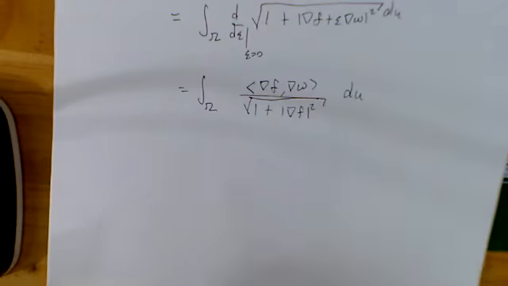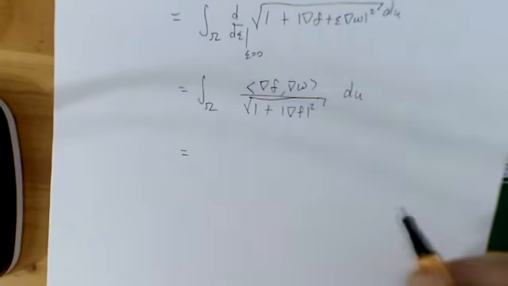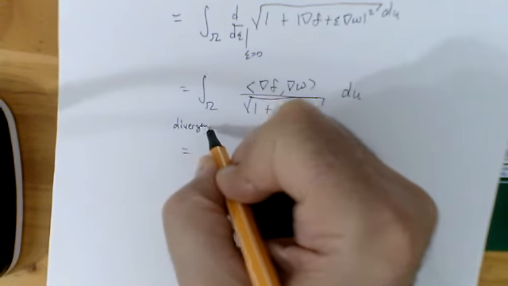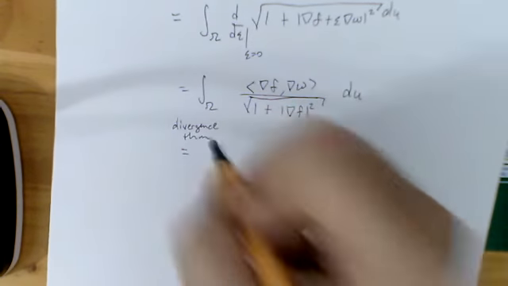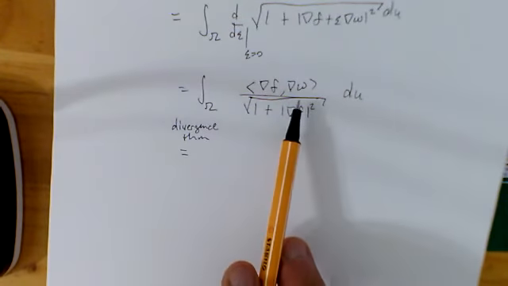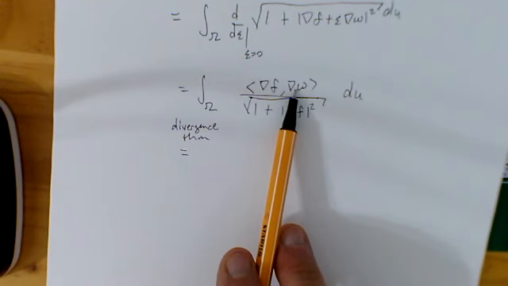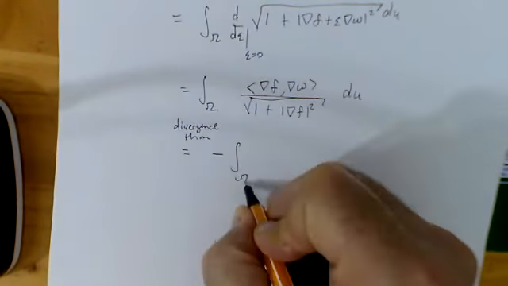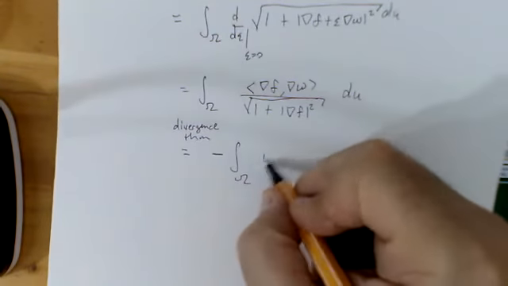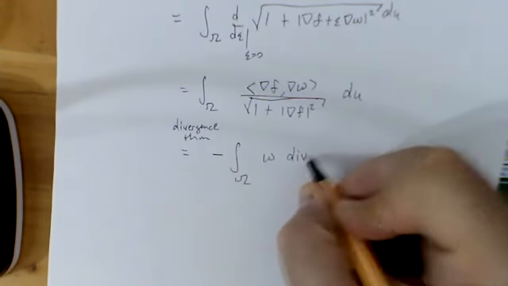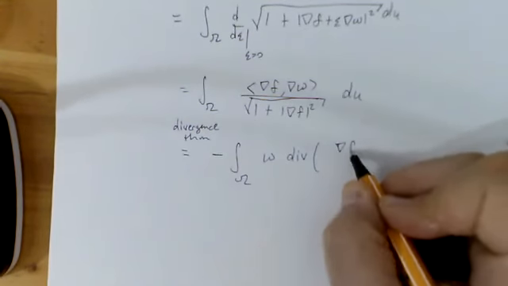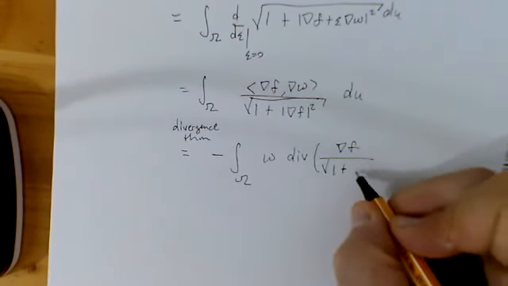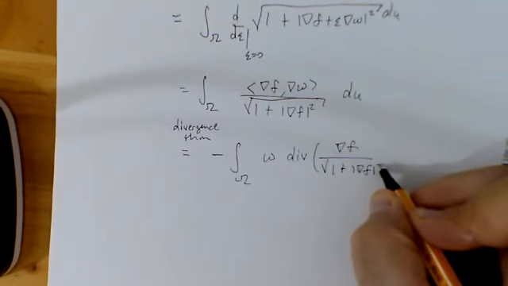And then what am I going to do? I'm going to use the divergence theorem, to move all of the derivatives onto f and write this as minus the integral of w times divergence of gradient f over the square root of 1 plus gradient f squared.